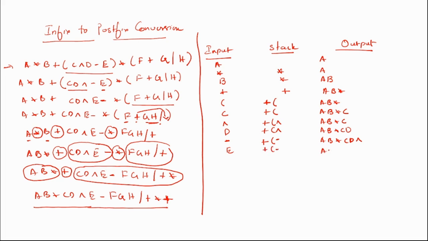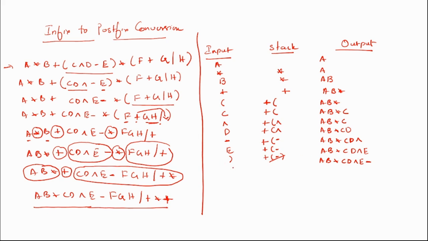Therefore, I will write it as it is: C D, and then I will write E here. Then I will close the parenthesis. Once I close the parenthesis, I can pop out whatever operators are there in the parenthesis and destroy the parenthesis. So I will say here AB star CD to the power E, right, minus, and destroy the parenthesis here. The only operator that is left is plus.